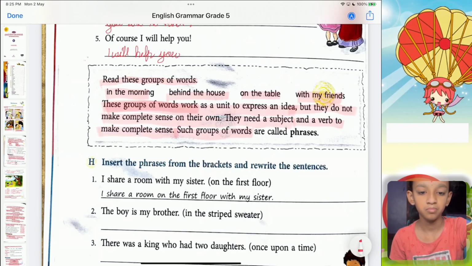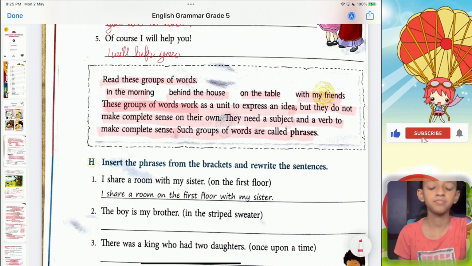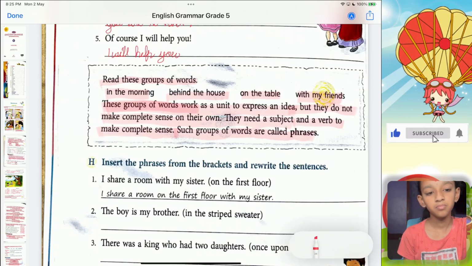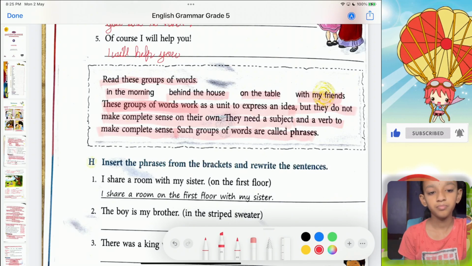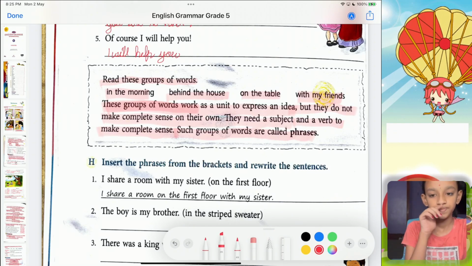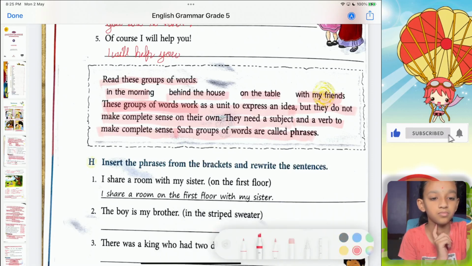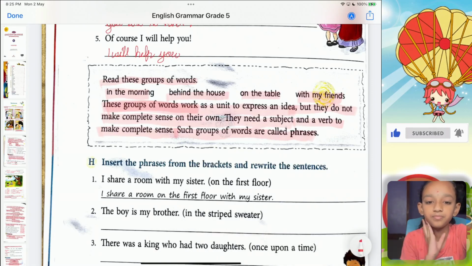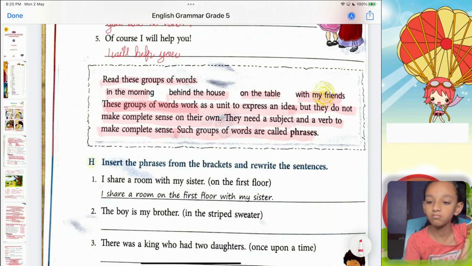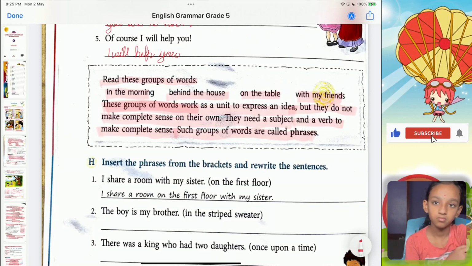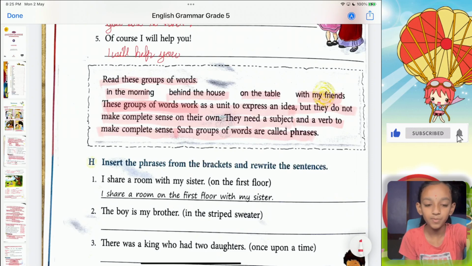So such groups of words are called phrases. What are phrases? They are groups of words which work as a unit to express an idea, right? But they really don't make any complete sense. But if you add a subject and a verb to them, then they will make complete sense.